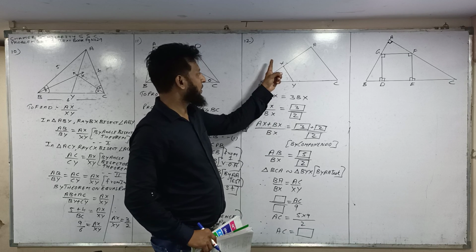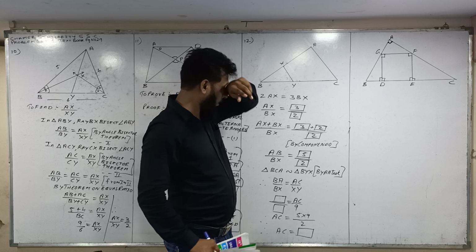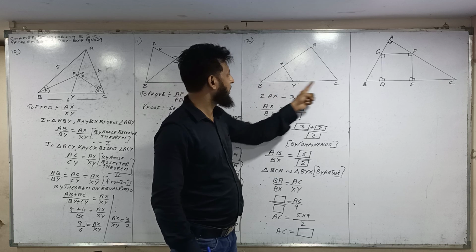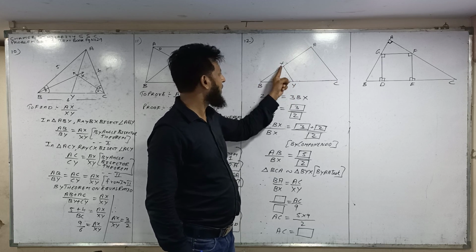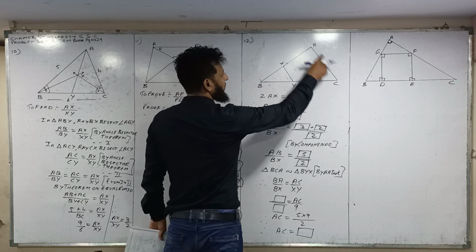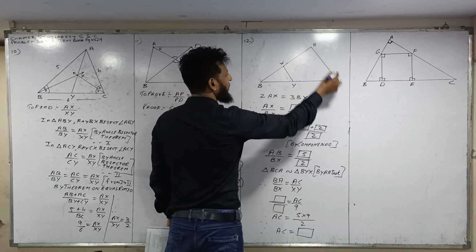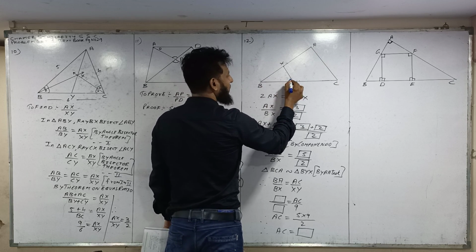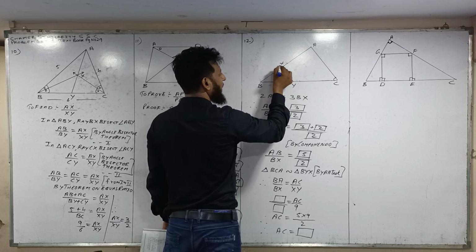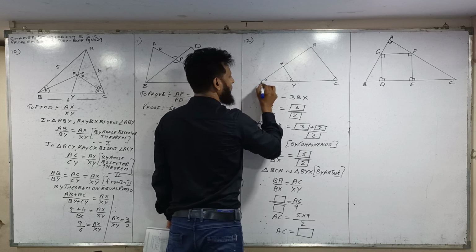Whenever in triangle ABC, XY is parallel to AC, then this triangle will always be similar: BCA is similar to BYX. How? See, in triangle BCA, B is a common angle for both triangles BCA and BYX, and these angles are corresponding, because this is a parallel line and this is a transversal.